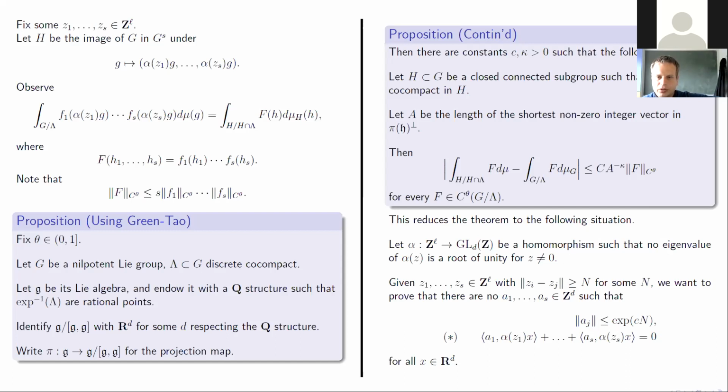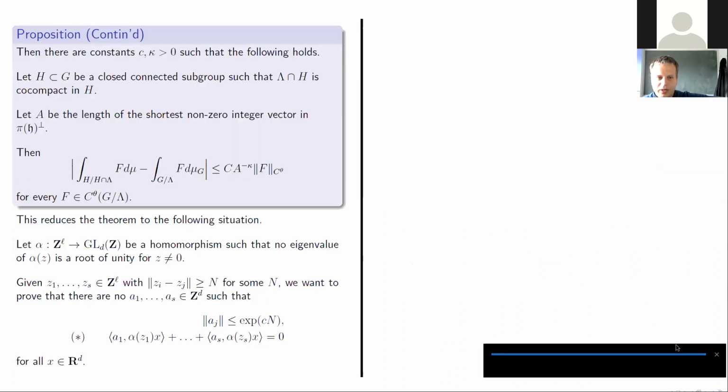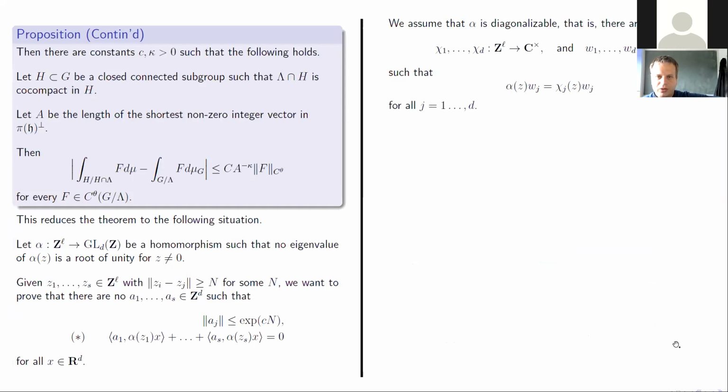Okay, so this will come down to some number theory. This is kind of a Diophantine equation, if you like, and I want to talk a little bit about what kind of number theory comes in. So we assume that the action alpha is diagonalizable.